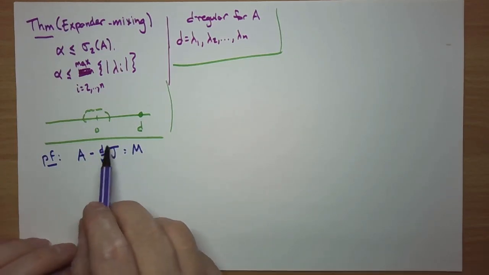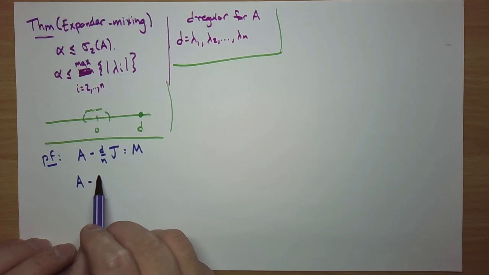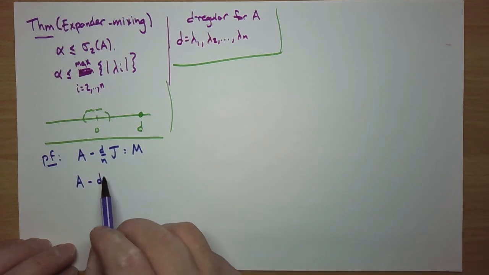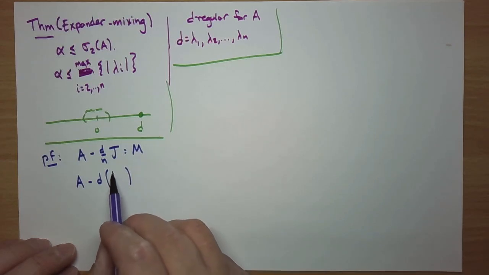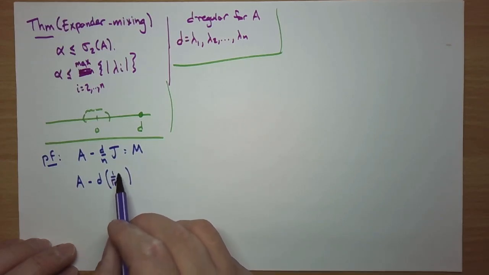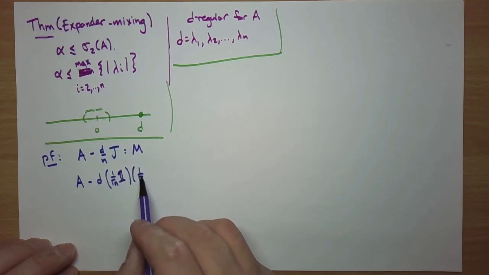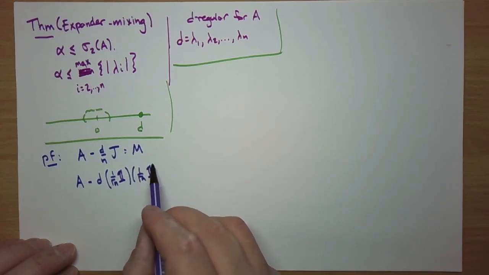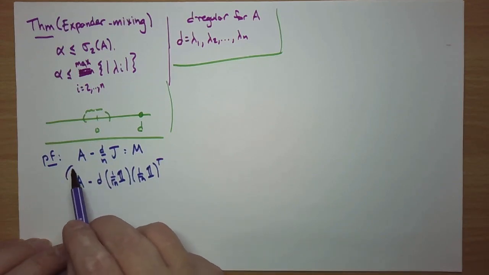What's this doing, subtracting d over n times J? I could rewrite this as A minus d times 1 over root n all ones vector, times 1 over root n all ones vector transpose. That's another way to write this.